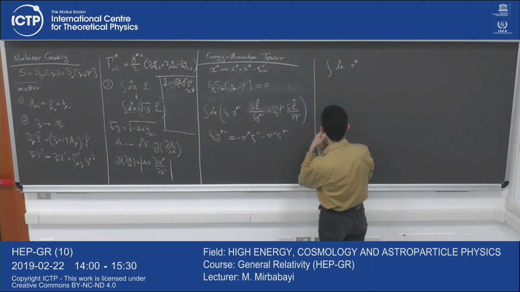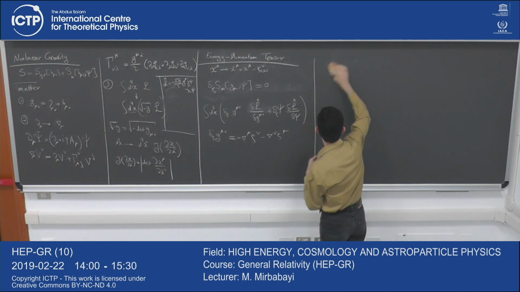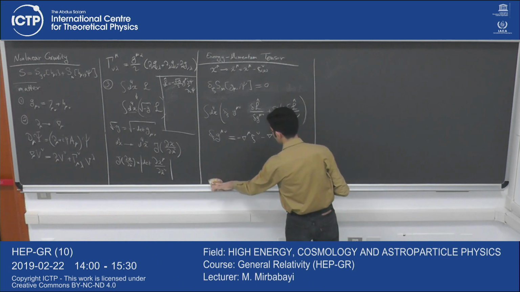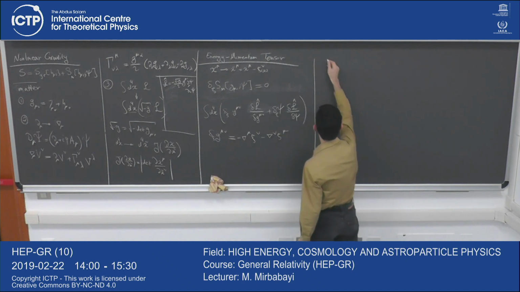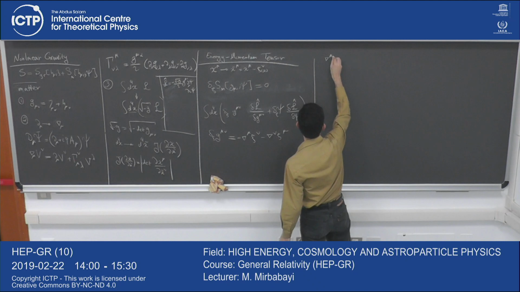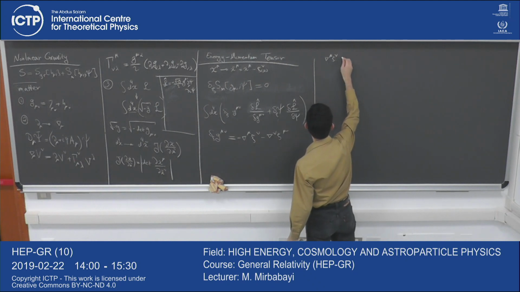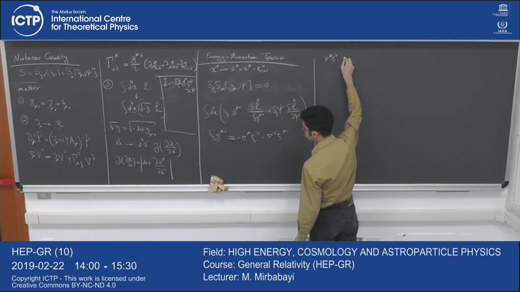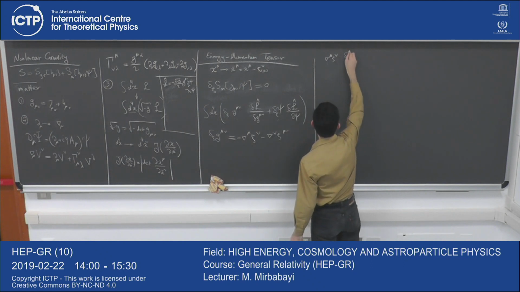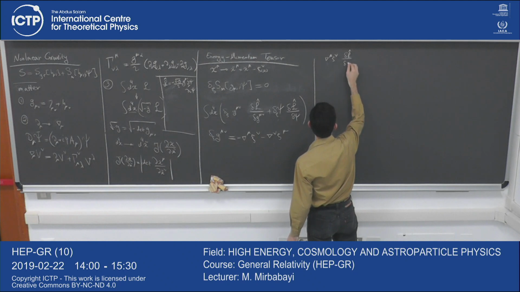Well, for the moment, let me not write the integral. So let us just write this: nabla mu xi nu times dL hat over d g mu nu.